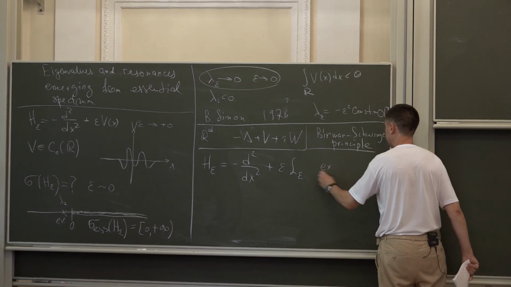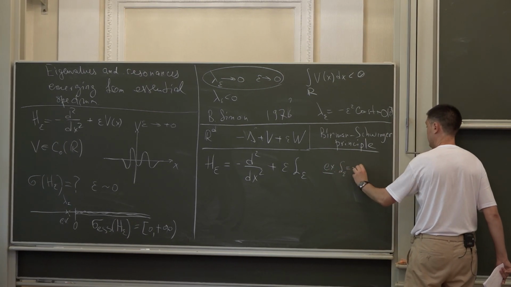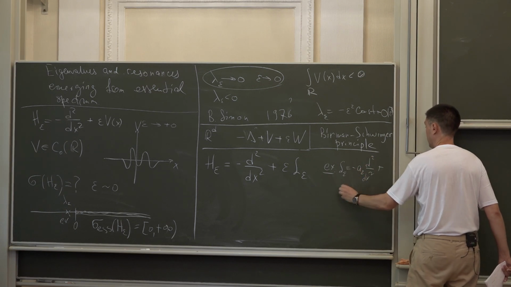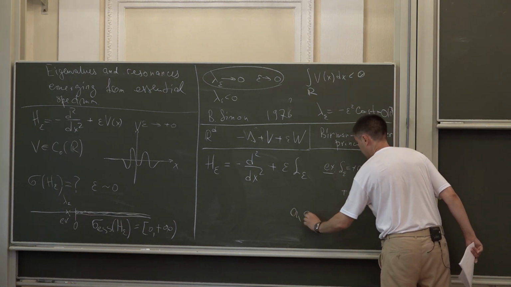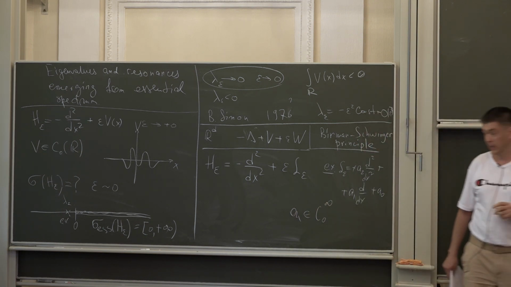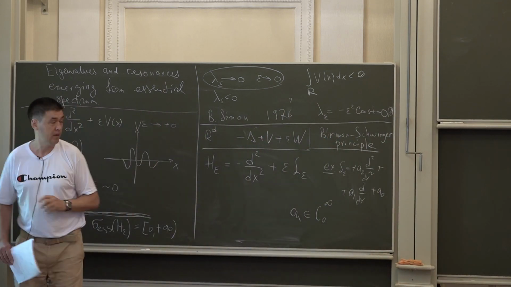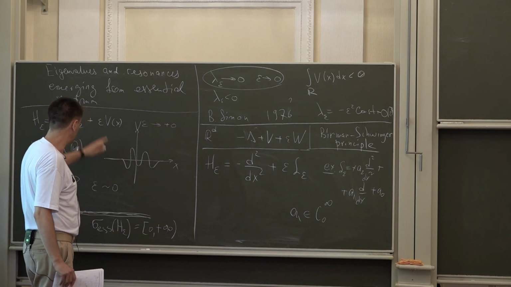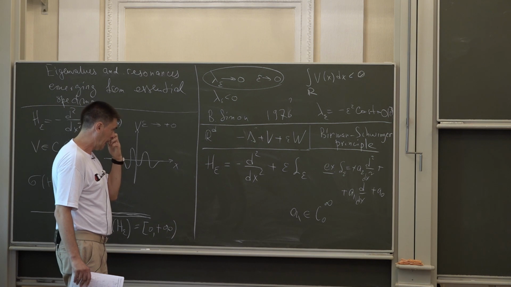For instance, an example of this can be the following. Say we have here some a2 d²/dx² plus a1 d/dx plus a0, where all these functions are compactly supported. For instance, we can also think about such an operator because it's not necessary to deal only with the potential.